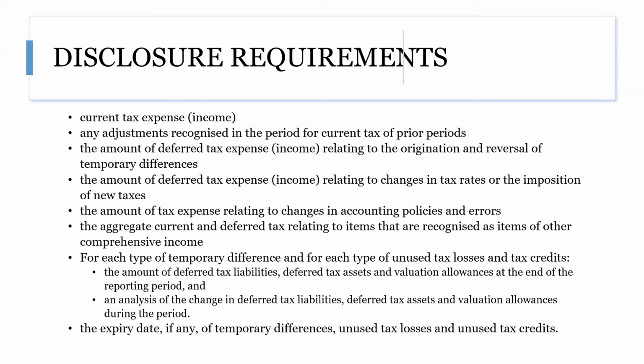Also, dinidisclose natin yung expiry date, if any, ng mga temporary differences, ng mga unused tax losses and unused tax credits. So, nakalagay yung lahat sa notes to financial statements natin. Like, kailan yung expiration ng MCIT, ng excess MCIT, yung expiration ng NOLCO, so, need siyang nakadisclose.